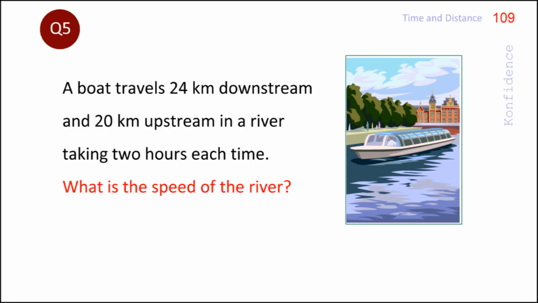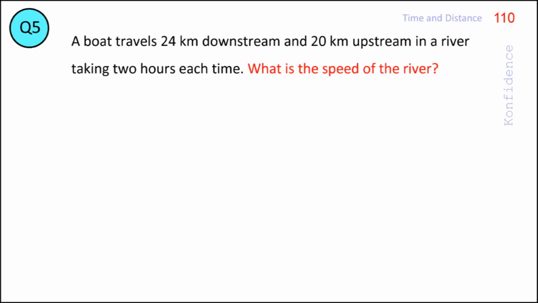Take a look at question Q5 given in the slide. In the situation given, the boat travels 24 kilometers downstream in 2 hours and 20 kilometers upstream in 2 hours. And from this information, we are asked to find the speed of the river. From our earlier discussion, we know that in downstream movement, the river and the boat are trying to move in the same direction.